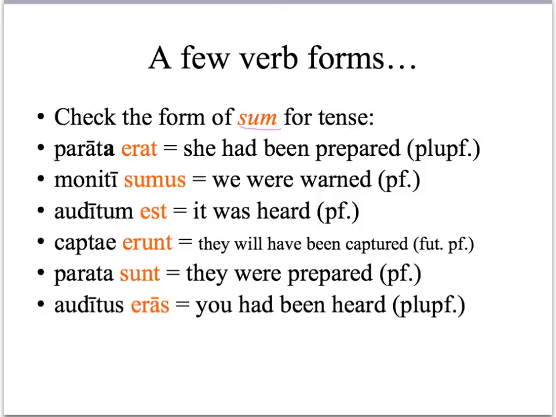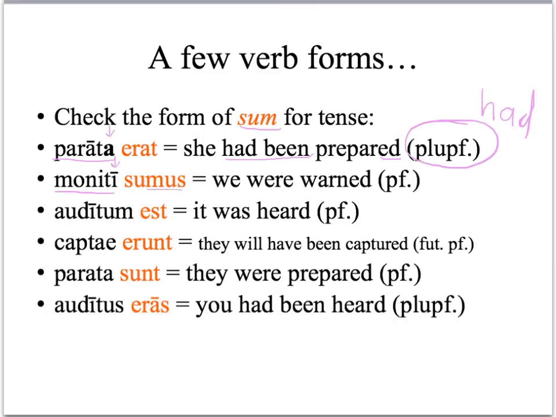So I start with a PPP, a perfect passive participle. This is the imperfect of sum, so I must have a pluperfect tense. Helping verb is always had. Now we're in the passive, had been prepared. Perfect passive participle, and again, notice that the endings on the participle change.